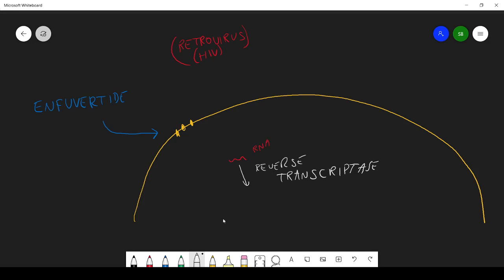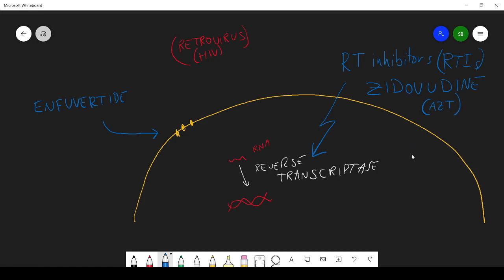So the reverse transcriptase tries to make DNA from the RNA, and we can inhibit this with reverse transcriptase inhibitors, or RTIs, such as zidovudine, which is also known as AZT, and is used in the treatment of AIDS.